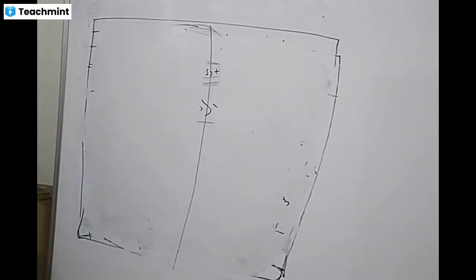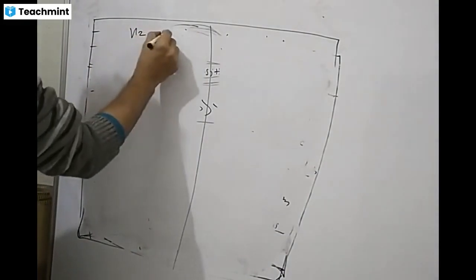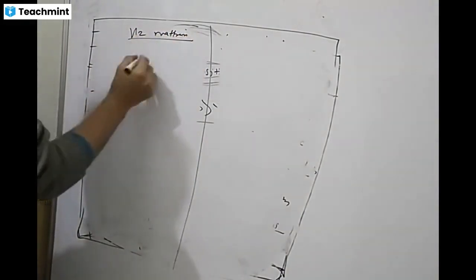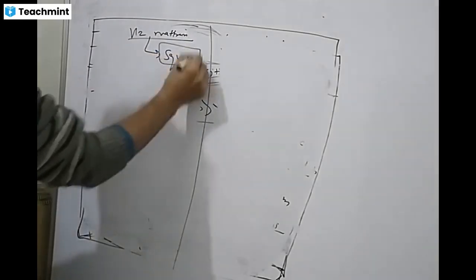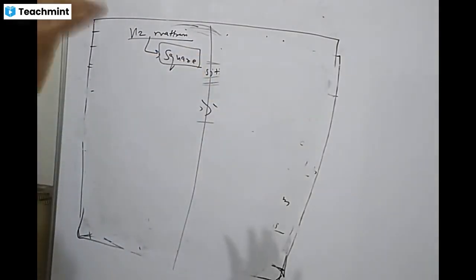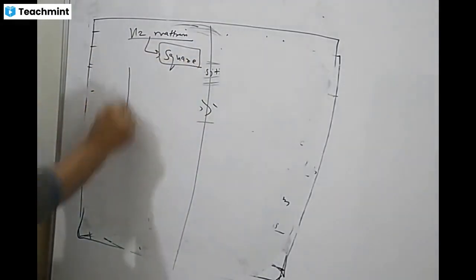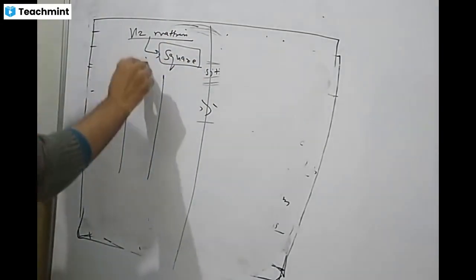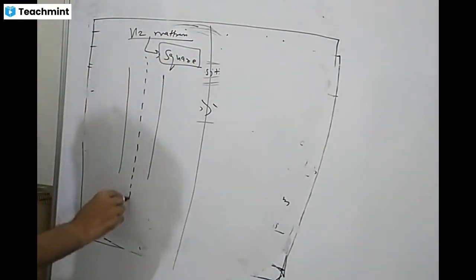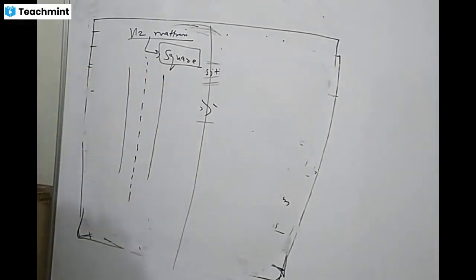So how is it started? First is horizontal matrix. In this case, we form a square. The pattern is in the form of a square. Suppose these are two edges of a wound and this is the incision line. We make an incision and these two are separated.